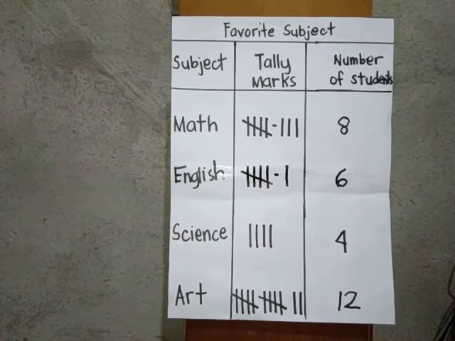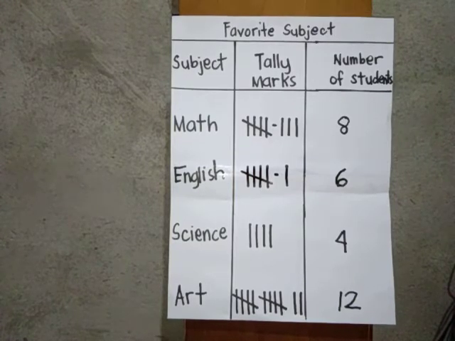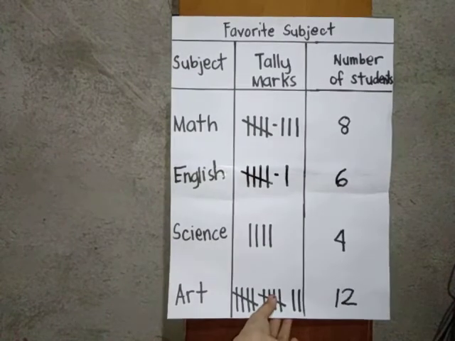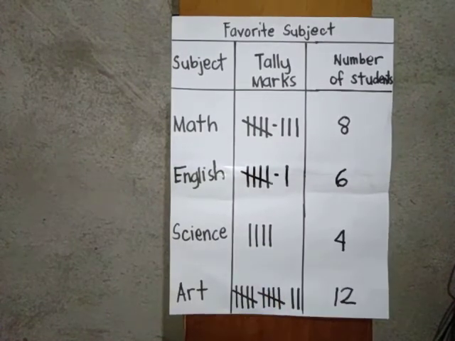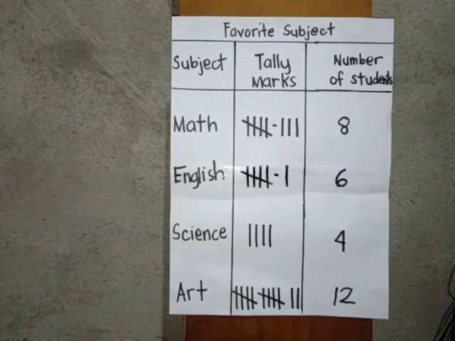Now, on our table, we can see that there are lots of students who chose art as their favorite subject, while science is not that favorite, as there are few who chose science as their favorite subject.